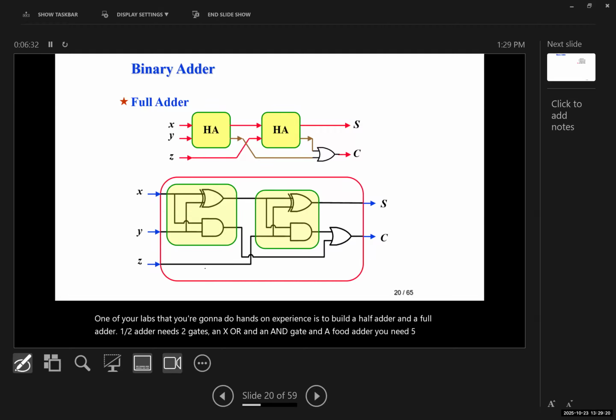But if I add this to another, I could have Y4 to Y7 and X4 to X7. The only thing that I have to do is to give the carry of the first one to the second one. And now I can add 8 bits by 8 bits. If I have 10 of these, then I can add 40 bits by 40 bits. Okay.